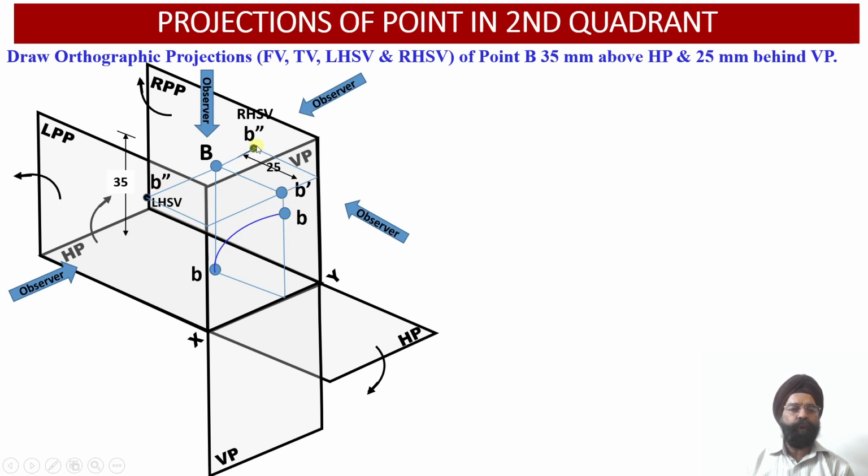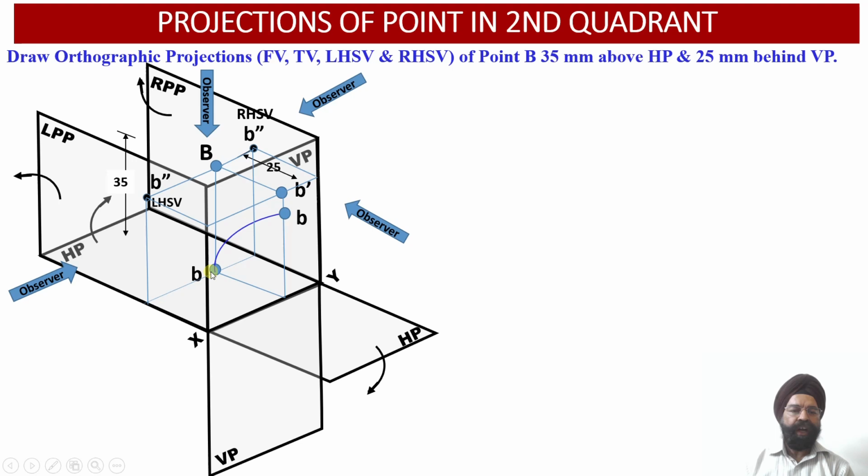This is the side view projection B double dash, that is left hand side view and right hand side view projections. Now once we draw these three projector lines, we observe that the front view projection, the right hand side view and the left hand side view projections, all three of them, are available at a height of 35 millimeter above the horizontal plane.